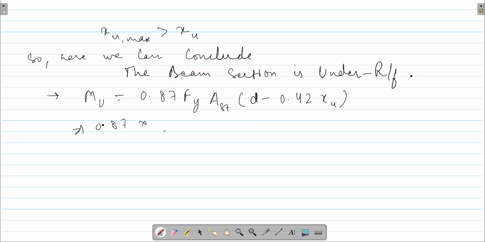We'll plug in all the values here: 0.87 into Fy, the Fy value is 415, into the area value 942.5, and the effective depth of the beam which we have calculated is 650 mm, minus 0.42 into the XU value that we have calculated previously as 157.5.